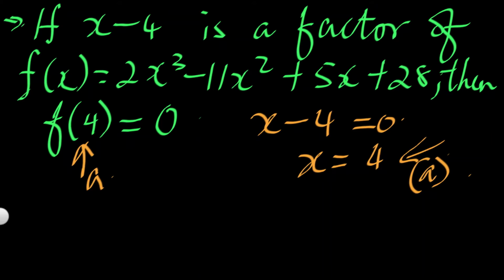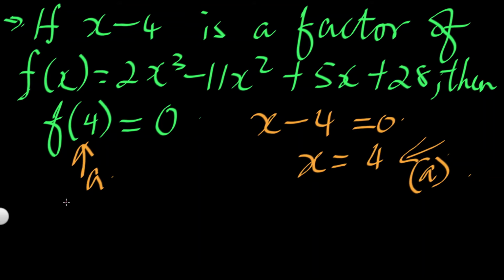So it's easy for you to get your a. Whatever function you are being given as the factor, you equate it to 0, you solve for x, then that x is going to be your a. That's it. So f of 4 should be equal to 0. If it's not equal to 0, then it means x minus 4 is not a factor.